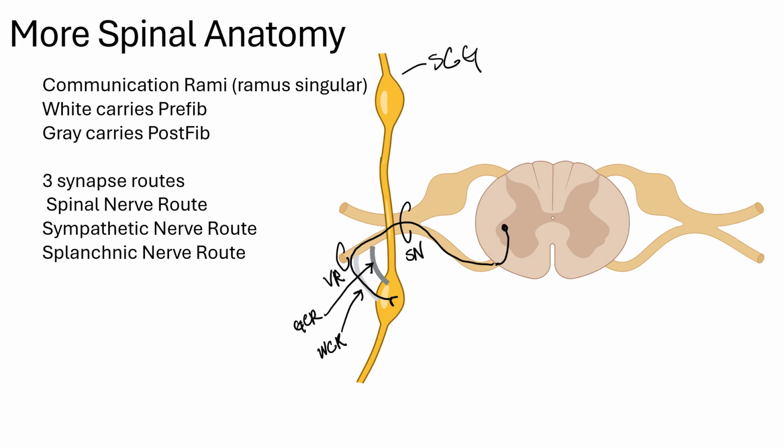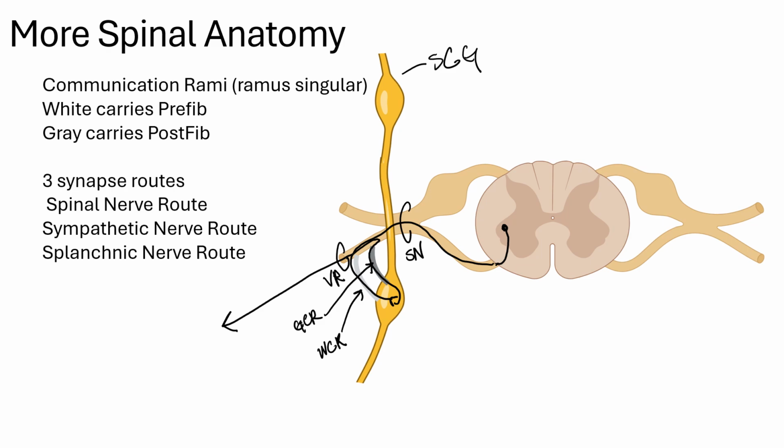Now, this preganglionic neuron will then synapse with the postganglionic neuron, which will then leave the sympathetic chain ganglia through the gray communicating ramus and then leave the ventral ramus at that level, another level, or even something stranger called a splanchnic nerve.